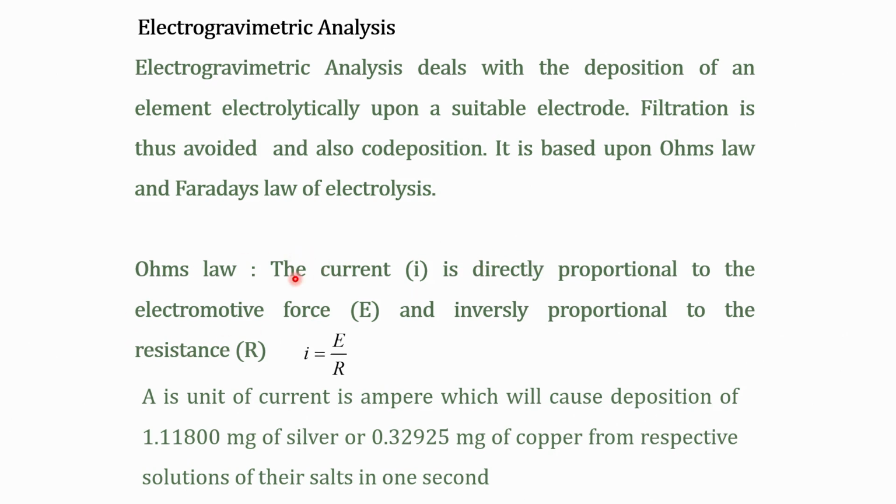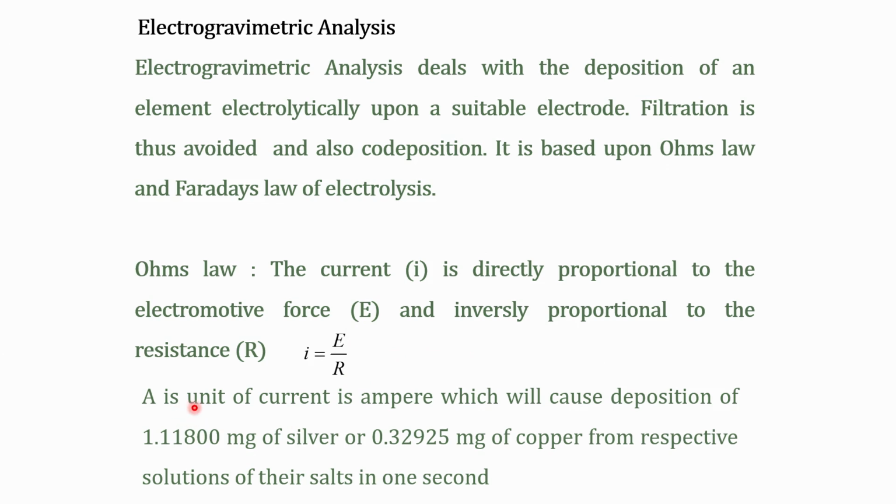Ohm's law states that the current, designated as I, is directly proportional to the electromotive force, that is potential, also known as potential EMF, and inversely proportional to the resistance. So, I can write I is proportional to E by R, or I is equal to E by R.